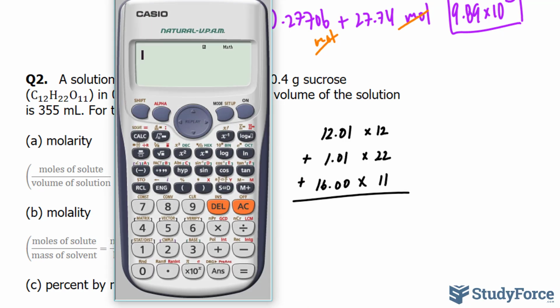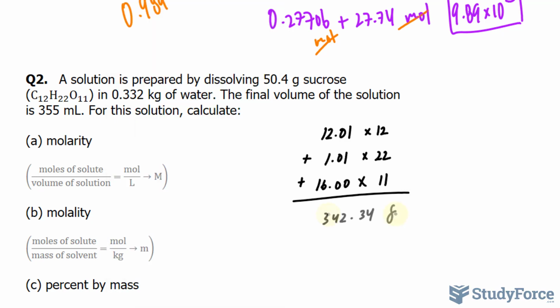Let's quickly use our calculator. 12.01 times 12 plus 1.01 times 22 plus 16 times 11, and we end up with 342.34 grams per mole.